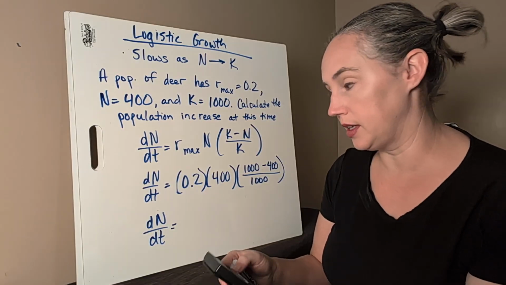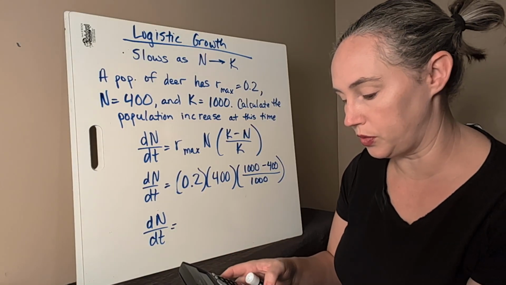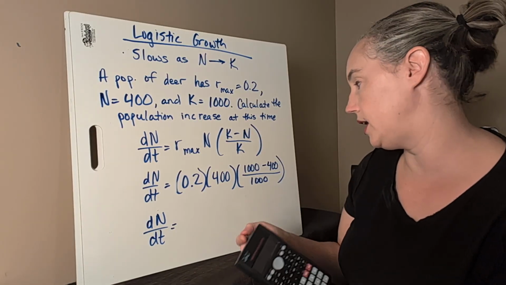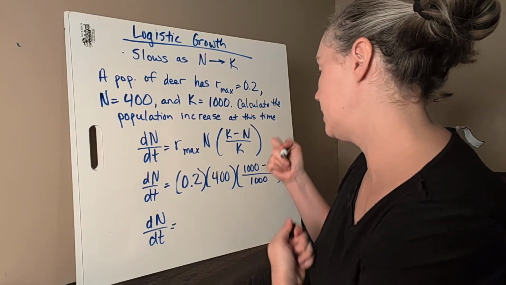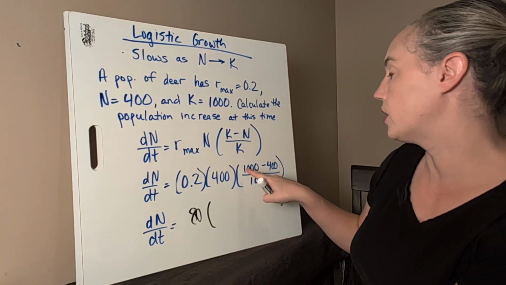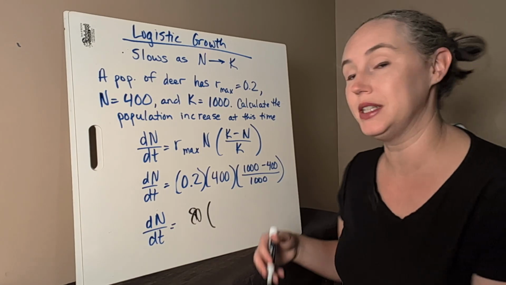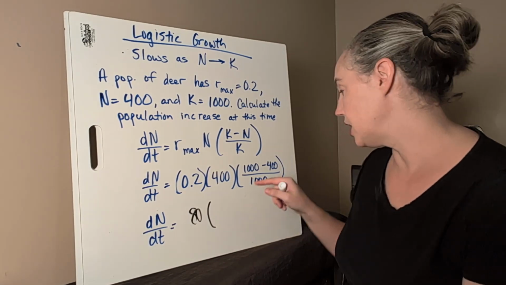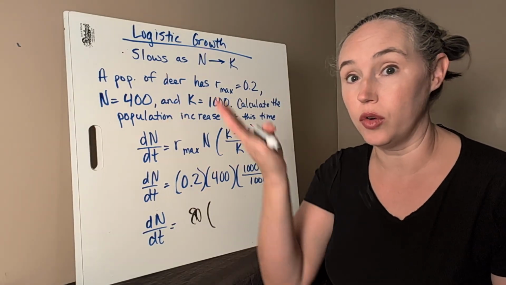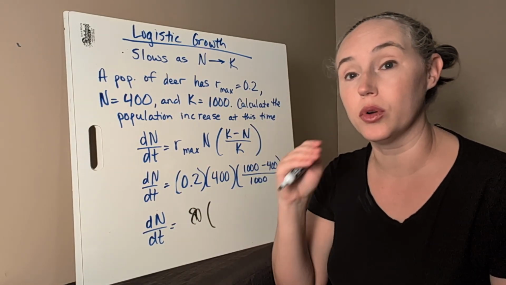So now let's calculate. 0.2 times 400 equals 80. All right. And so I'm going to do that times 1,000 minus 400, which is 600. 600 divided by 1,000 is 6 over 10, or 0.6.